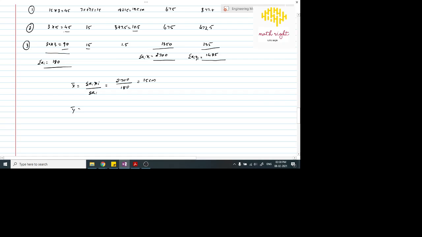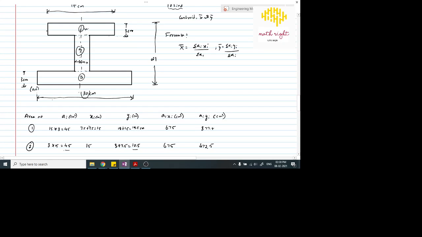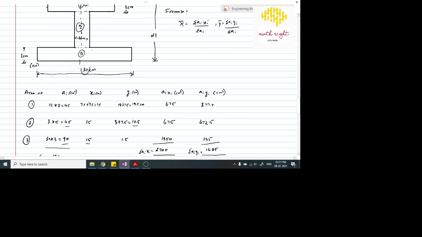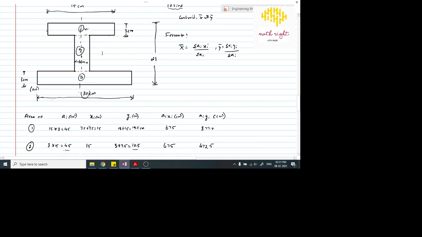Similarly, y bar is equal to summation of Ai yi, that is 1485 divided by 180, which is equal to 8.25 centimeter. So for this component, the centroid lies at 15, and the height from the bottom is 8.25 centimeter. This is where your centroid is located for this object.